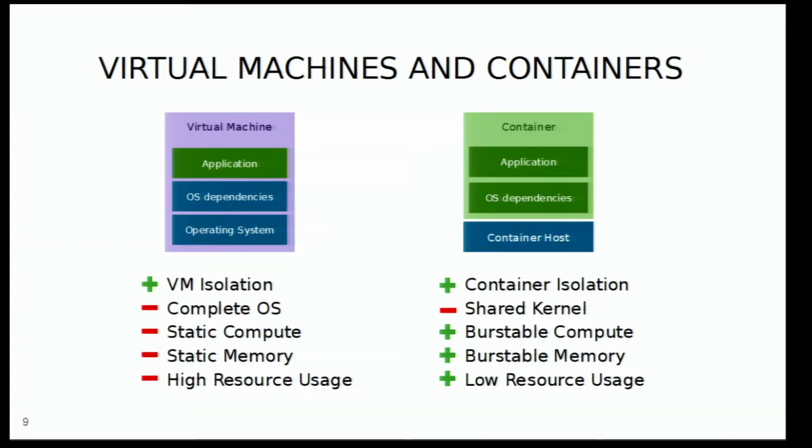But common functionality coming from the kernel, like system calls, would be shared between various microservices. Of course, that's a bit of a negative because we are still working on that and it requires more programmability. It means that if there is a vulnerability inside your kernel, it can affect your other containers. But you get excellent burstable compute and memory and overall low resource usage.